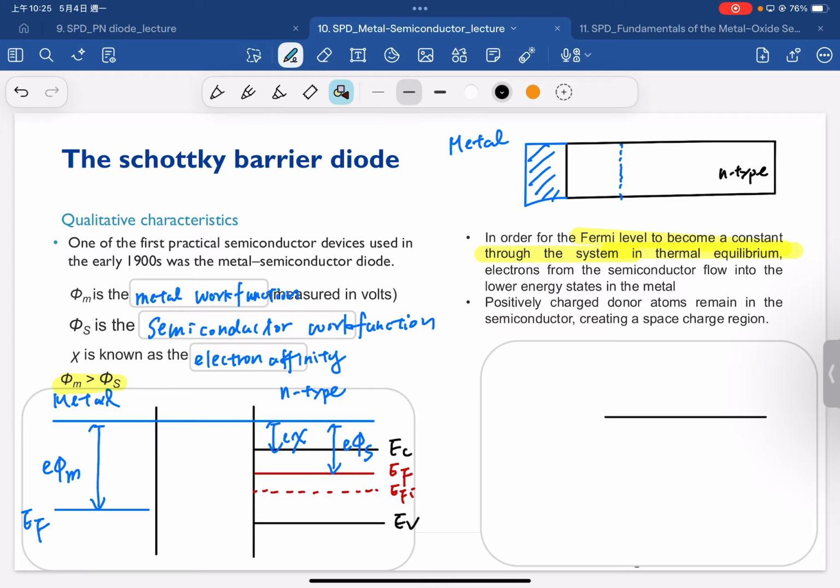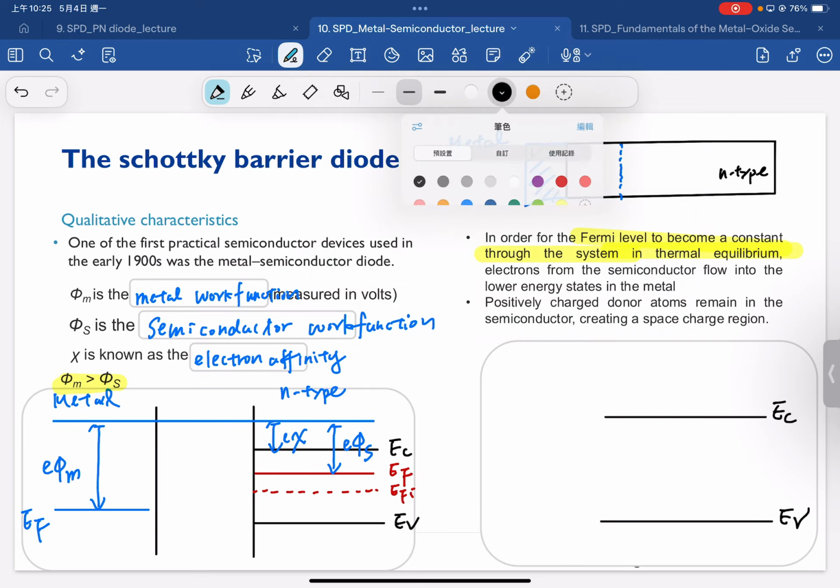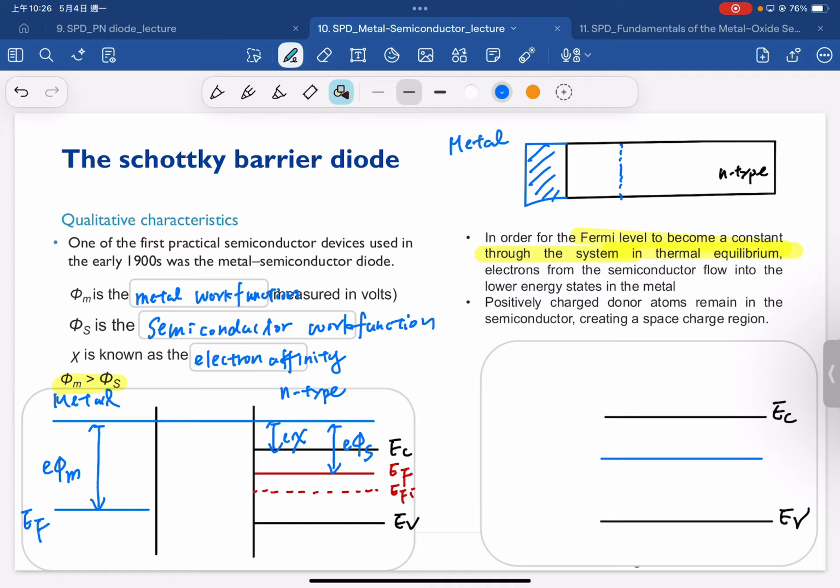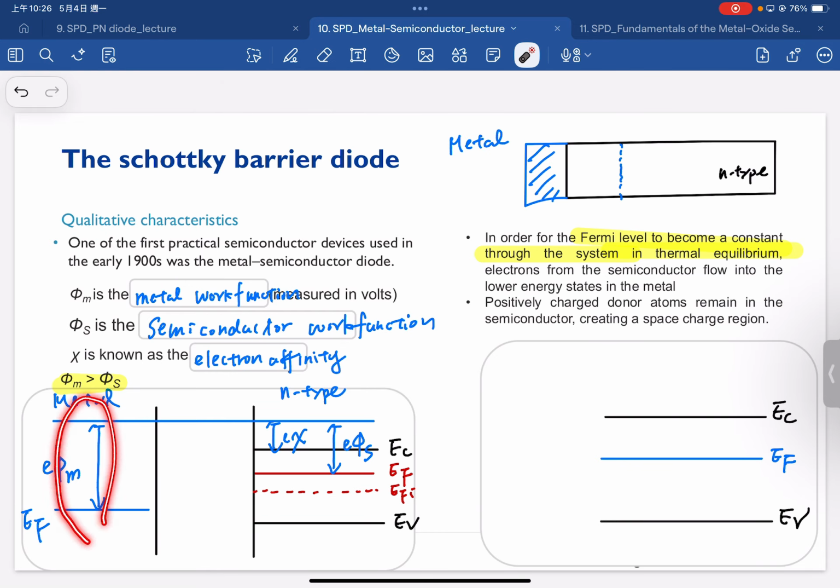Still the same, we start from our EC and EV. It is N-type, so the EF is close to EC. But because phi m is larger than phi s, if this is going to align with this one, that means the metal side has to shift completely upward.